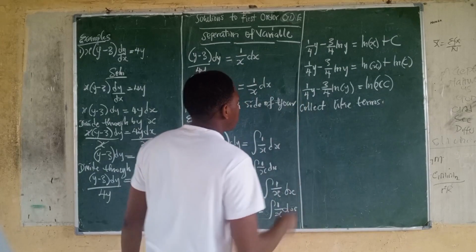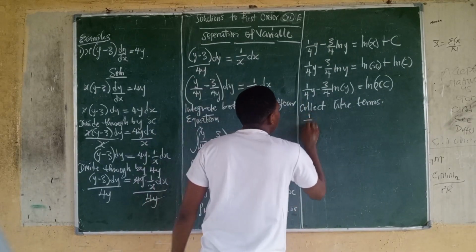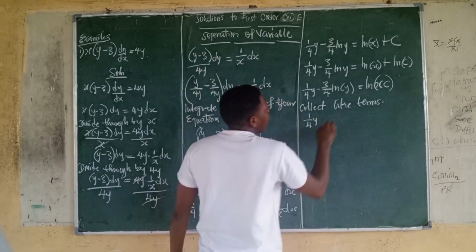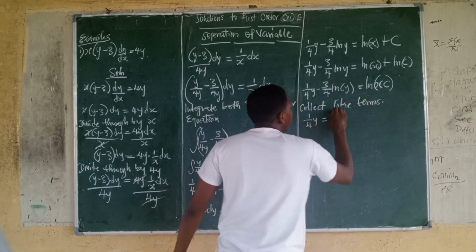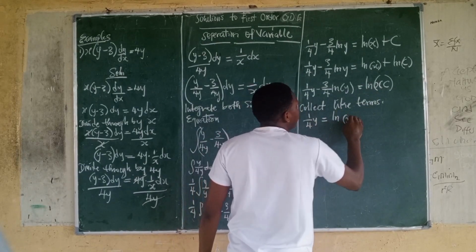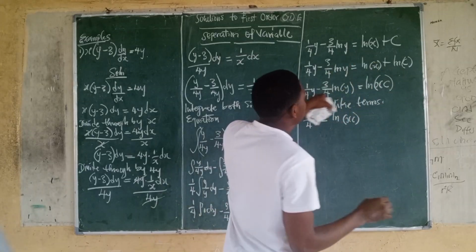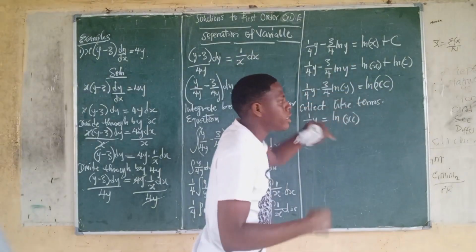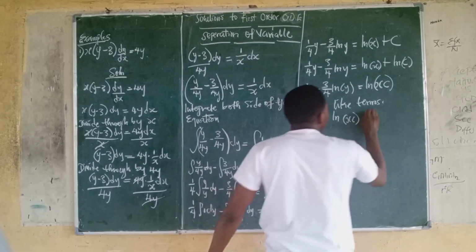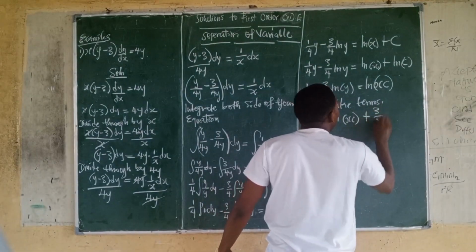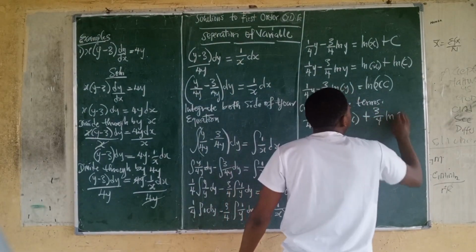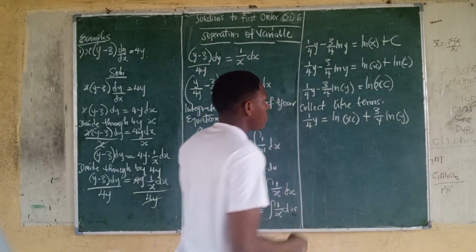Now if you collect like terms, we'll be left with 1 over 4 y, and this is equal to ln xc. Crossing an equality sign, if it is negative, it becomes positive. So it will be plus 3 over 4 ln y.